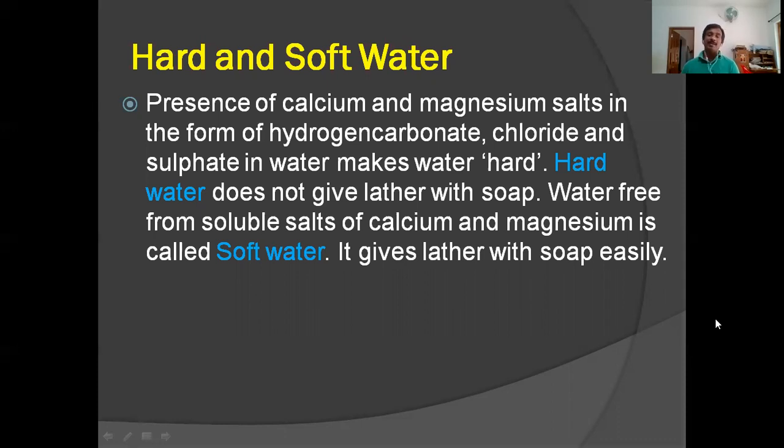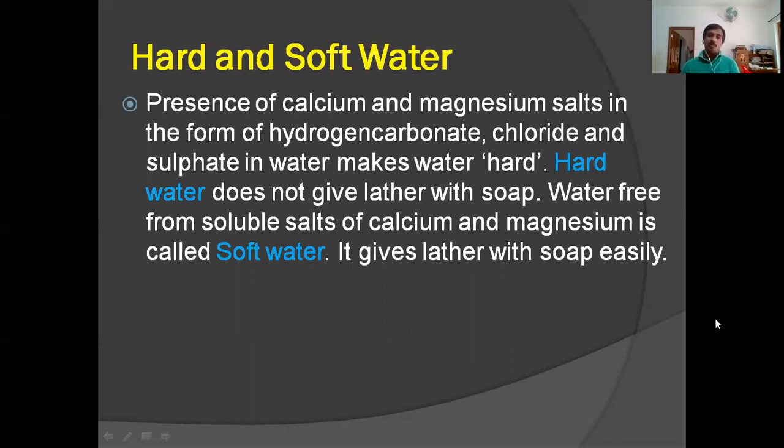Presence of calcium and magnesium salts in the form of hydrogen carbonate, chloride and sulfate in water makes water hard. Hard water does not give lather with soap. Why is it hard? Because of the presence of soluble salts of calcium and magnesium, namely bicarbonates, chlorides and sulfates.